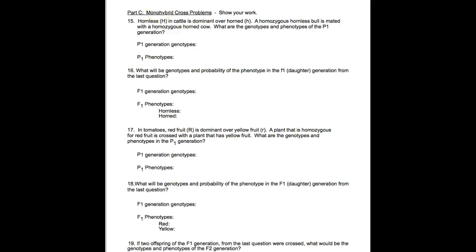In this section here, we are looking at a monohybrid cross between hornless cattle and horned cattle. And so let's write out, because it makes it easier, that hornless cattle are dominant, capital H, over horned cattle. So we're going to put horned cattle, meaning this is a cow that has horns.